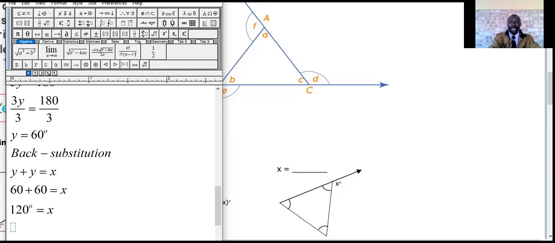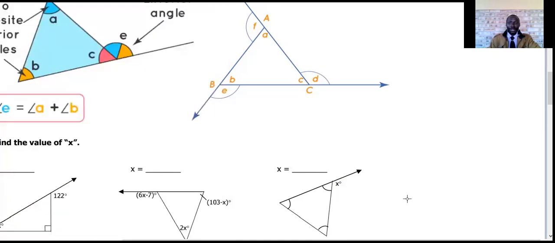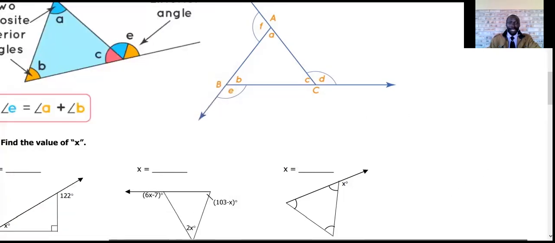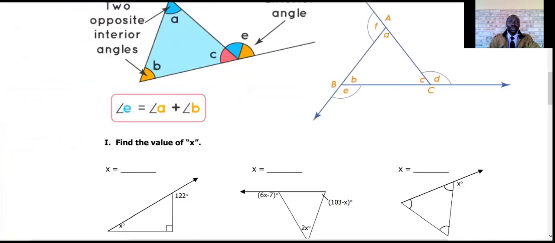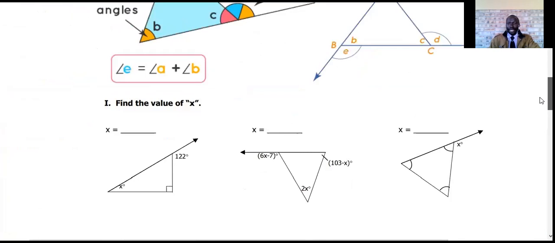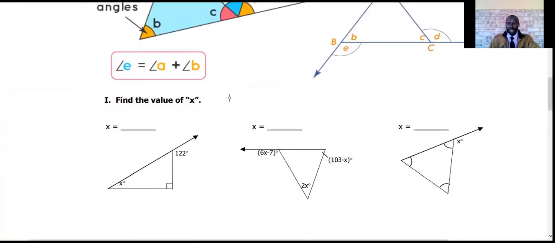That is how we carry on this type of calculation. This calculation is based on the fact that two interior angles add up to one opposite exterior angle. But they added also another property that the sum of interior angles of a triangle must give us 180 degrees. So that is how we would find the value of x.